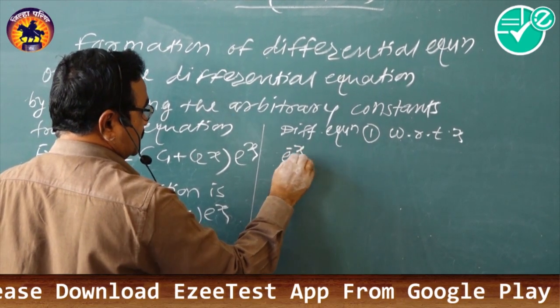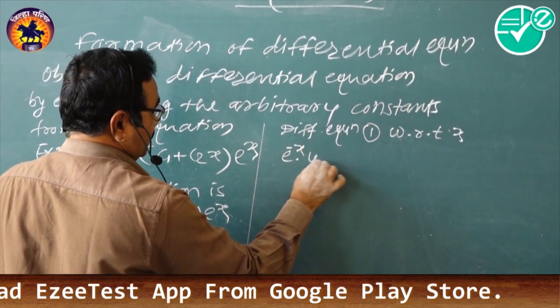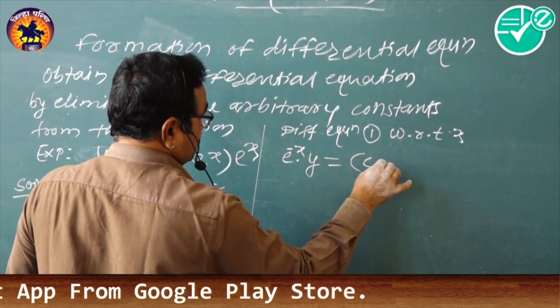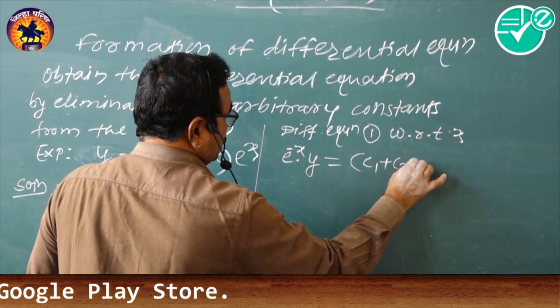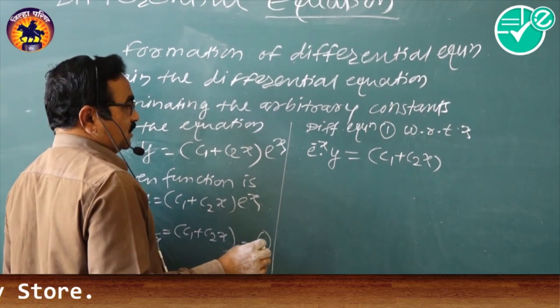e raised to minus x into y equal to c1 plus c2 x is the relation.